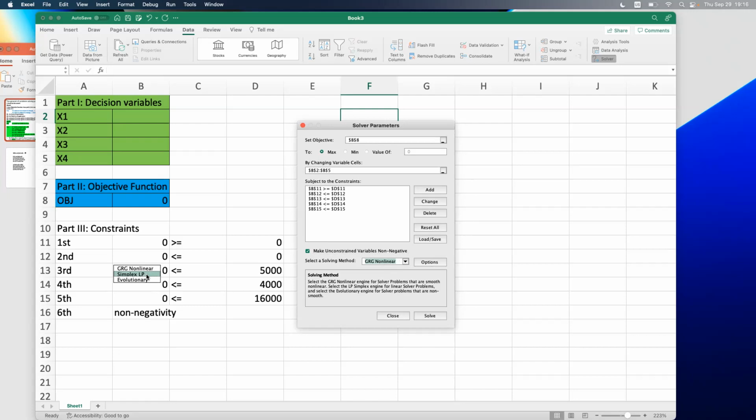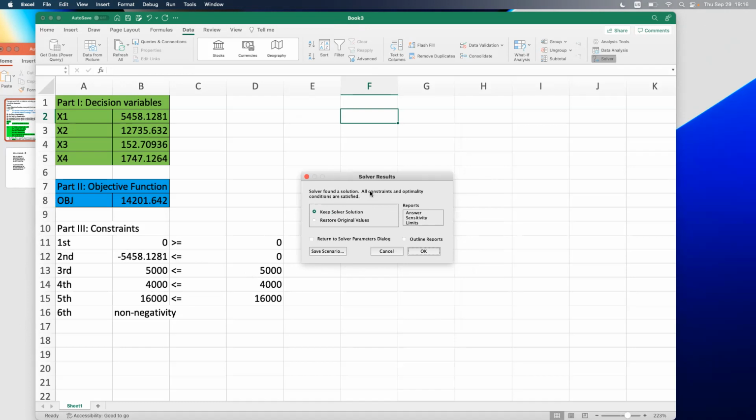Or in some cases, evolutionary, if your problem is non-smooth, but I think we're gonna discuss that part in lecture 6 and 7, so we skip that part for now. So basically choose simplex LP and click on solve.